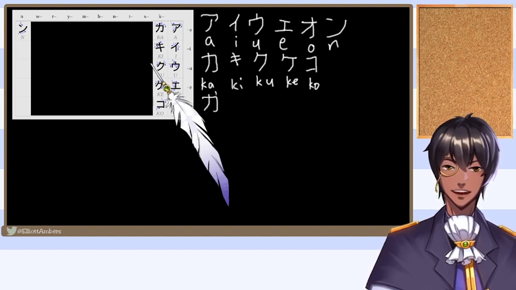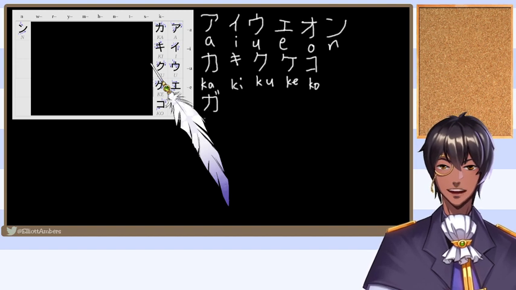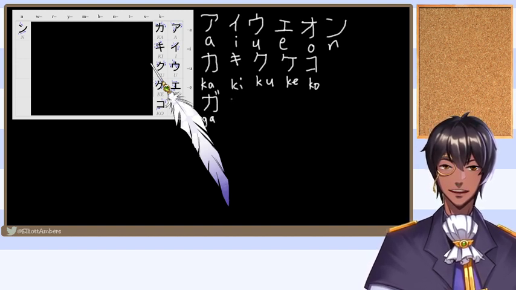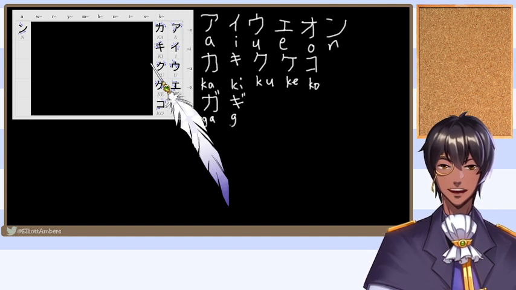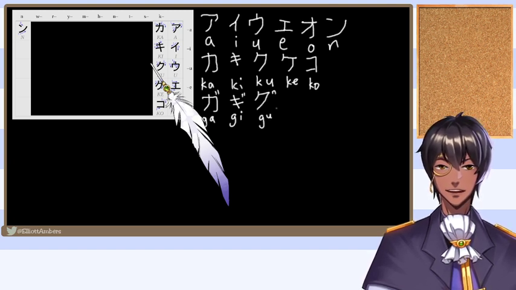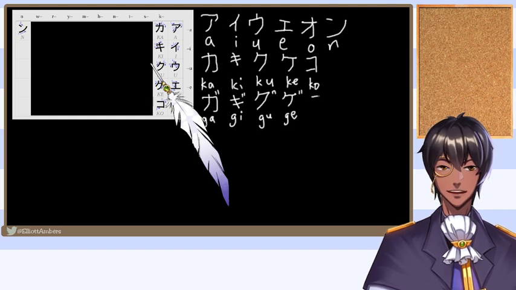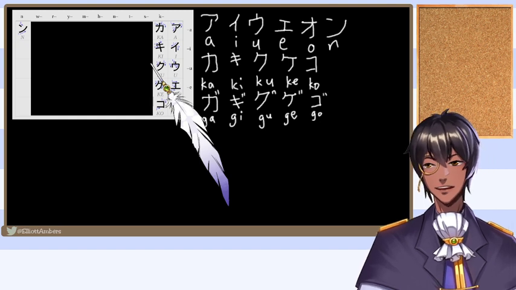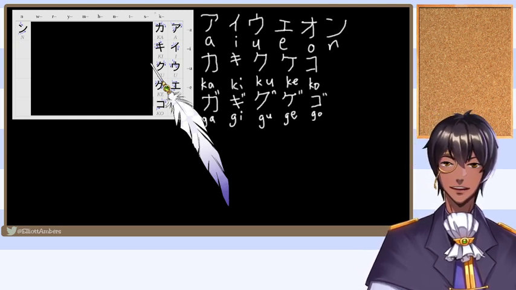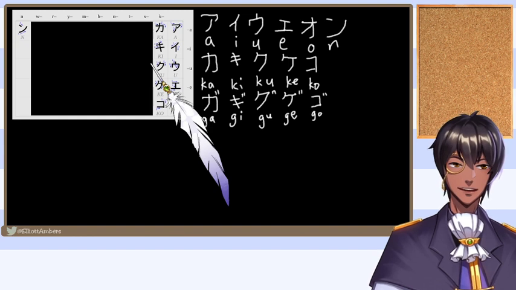If we instead write this here, ka would become ga, ki would become gi, ku would become gu, ke would become ge, and ko would become go. So again, a lot of these sets, the K, let me actually highlight this.